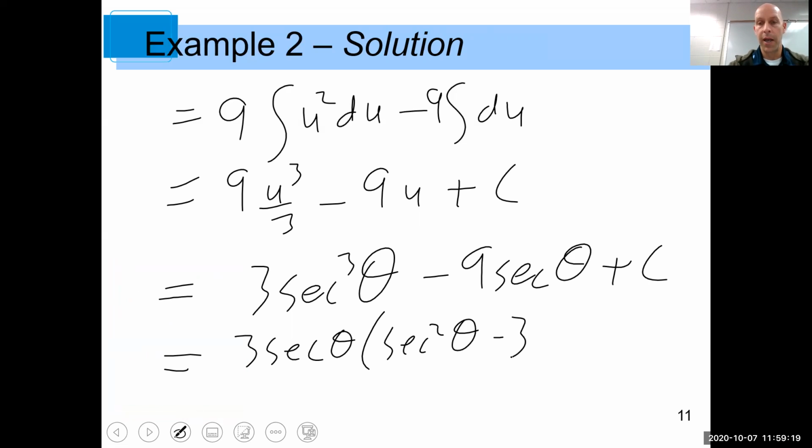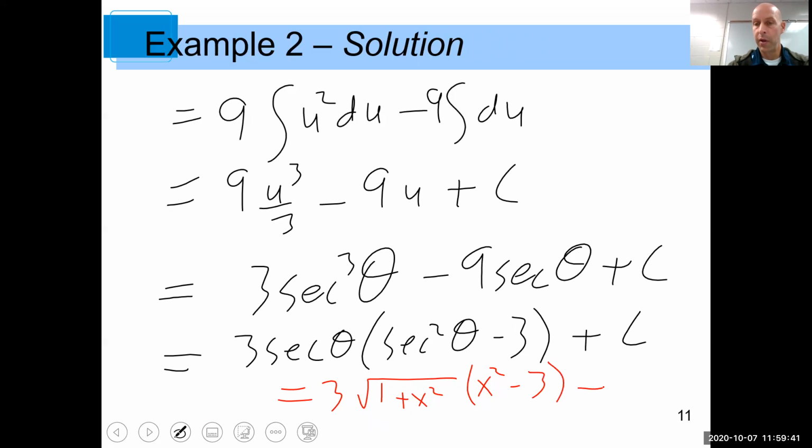So that'd be 3 secant theta, parenthesis, plus c, and our final answer, I'll go back to red, now I'm going to substitute back in, and our final answer will be 3 square root of 1 plus x squared times x squared minus 3 plus c.